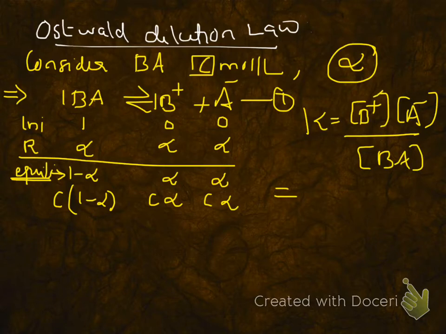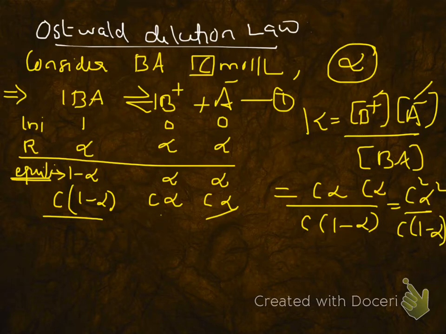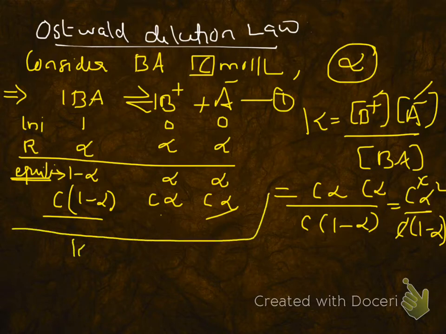Substitute B plus, that is C alpha, A minus C alpha, divided by BA, that means C into 1 minus alpha, the concentration at equilibrium. Then we will get C square alpha square by C into 1 minus alpha. One C is cancelled. Then K equals C alpha square by 1 minus alpha.